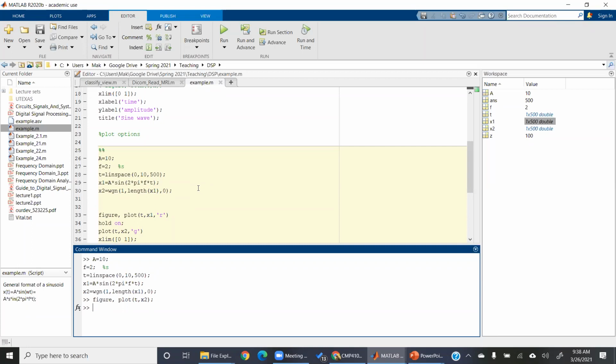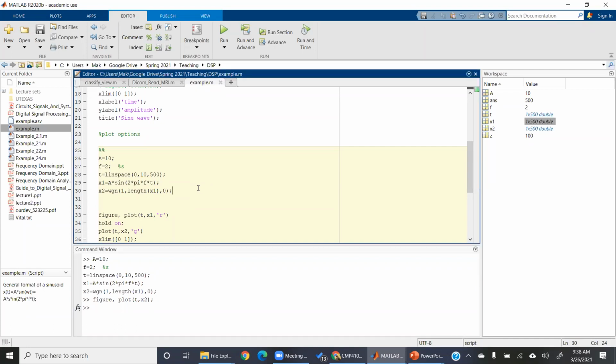What I wanted to show here is, remember, this X1 was a pure sine signal. So X2 is noise, and what we want to do is contaminate the signal with noise.